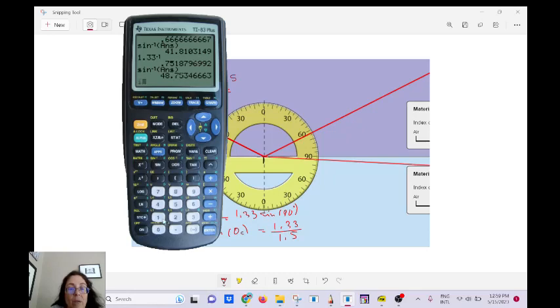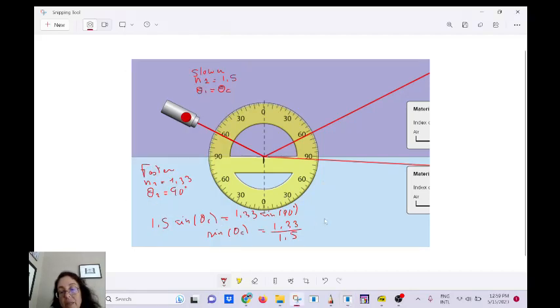So you go 1.33 divided by 1.5, and you take the inverse sine here, and you get 62.5, okay, about. And that's what you see here.